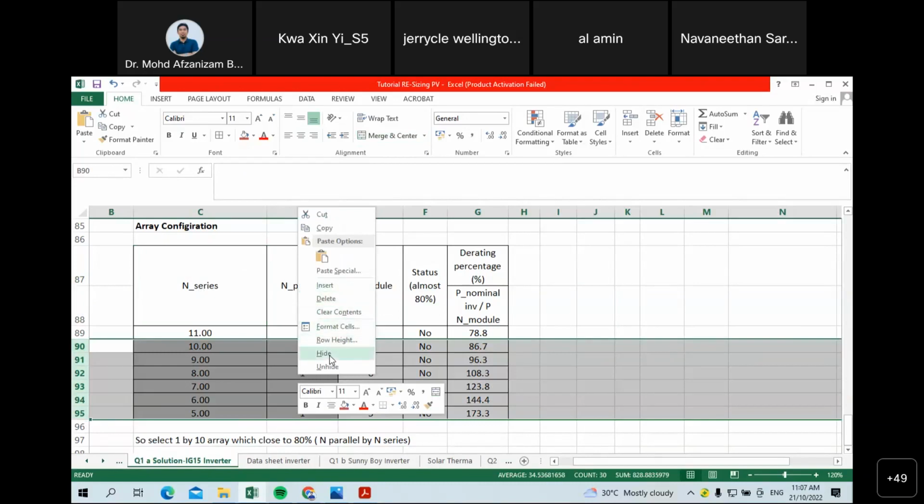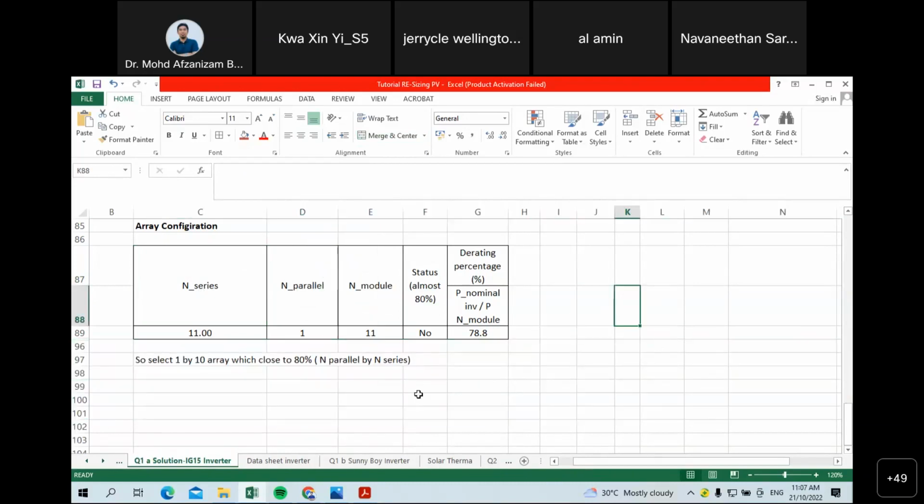And then n module refers to n series times n parallel, which is 11 times 1 equals 11. Let's say your parallel is 2, so your answer is 22. Since the n parallel is 1, we go for 11.